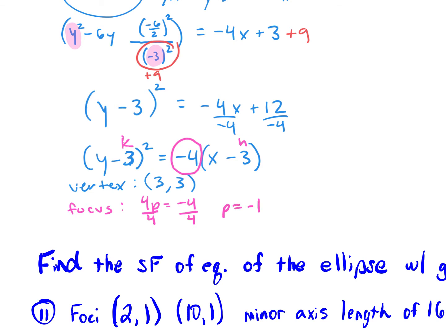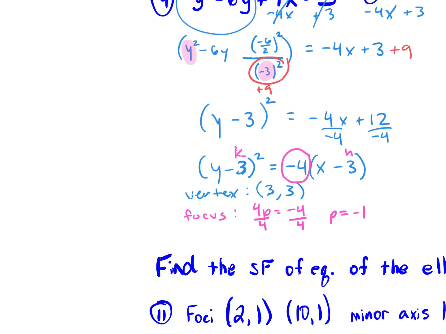So negative 1 is our distance from the vertex to the focus. If I drew my little graph here, the vertex is at 3, 3. It's y squared, so I know it's going to either open left or right, and my p is negative, so that means it's going to open left.